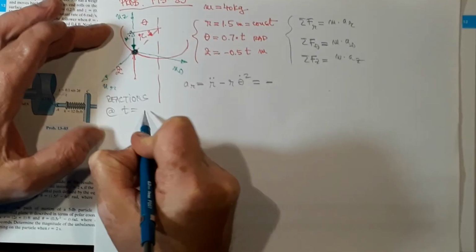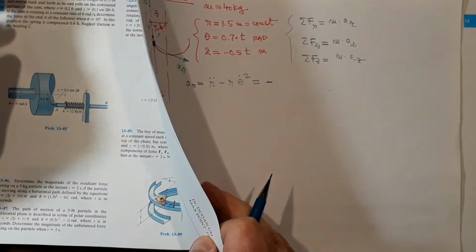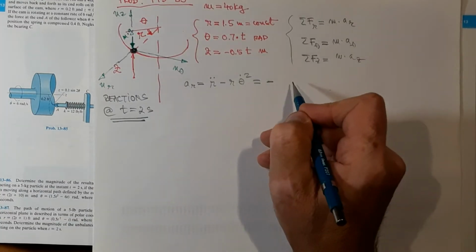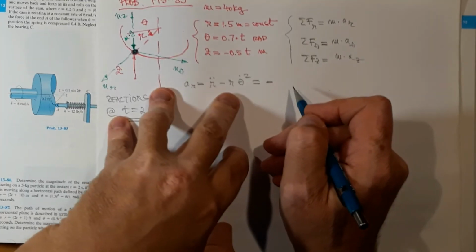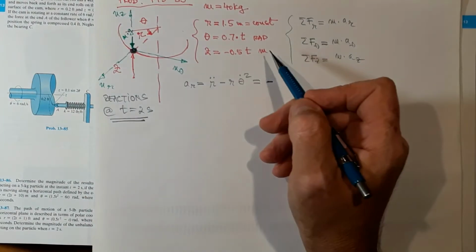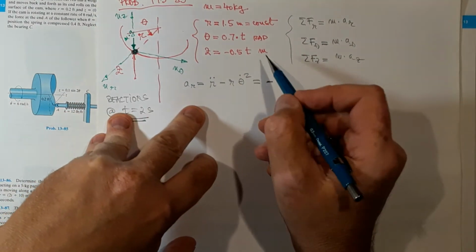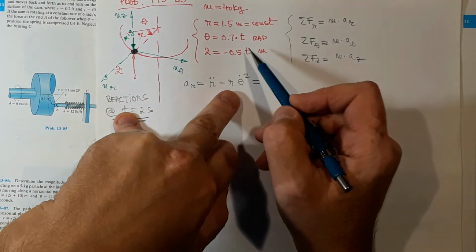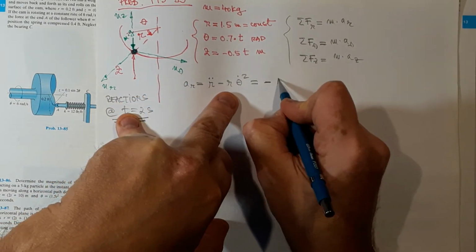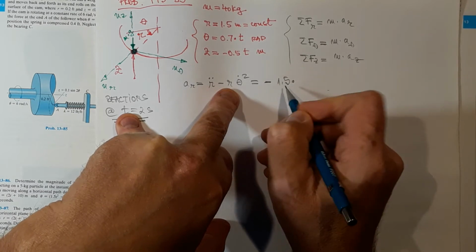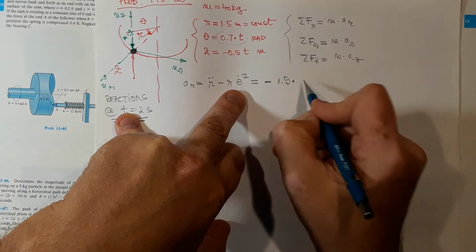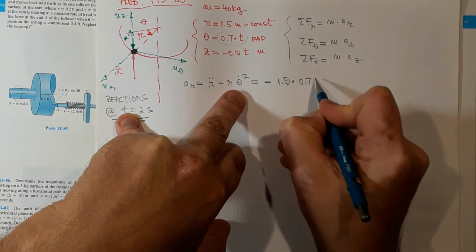At t equals 2 seconds, at some point we'll need to calculate the derivatives of theta. The first time derivative of theta is 0.7. So we have r, 1.5, that's constant, negative r times theta dot, which is 0.7, squared.